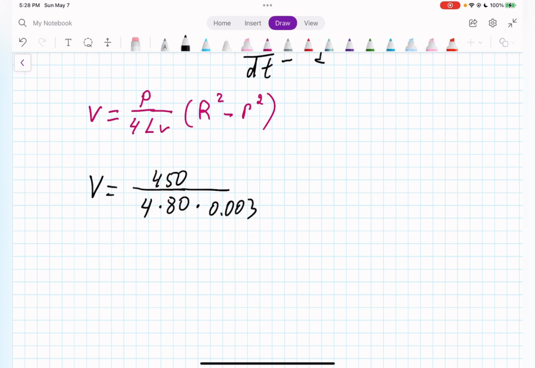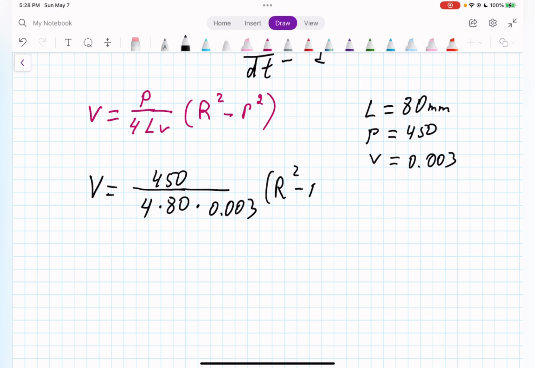Let me write down all this so you will be aware. So L is equal to 80 millimeters, P is equal to 450, and v is equal to 0.003. Okay, so in the parentheses here we have uppercase R squared minus lowercase r squared.